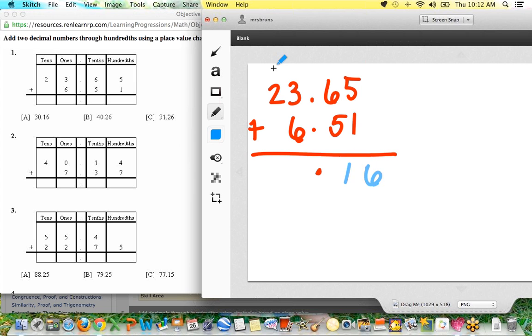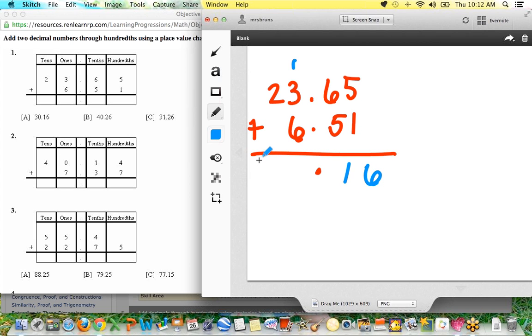Most of us came up with the answer right away, and 30 and 1600ths. Okay, so just notice 5 plus 1 is 6, 6 plus 5 is 11. I carried my 1. And then 1 plus 3 plus 6 is 10. Carried my 1 again. And then 1 plus 2 is 3.